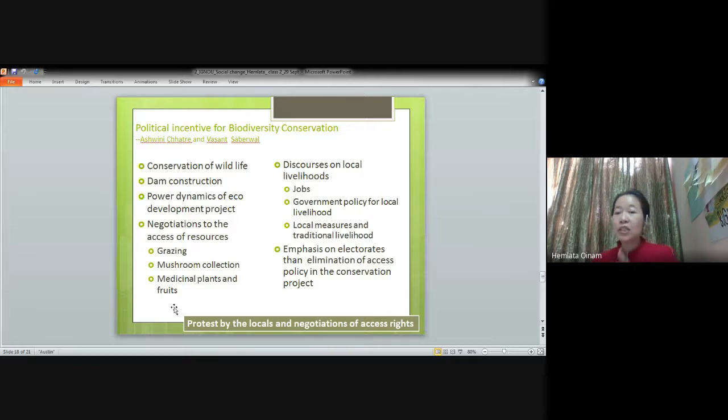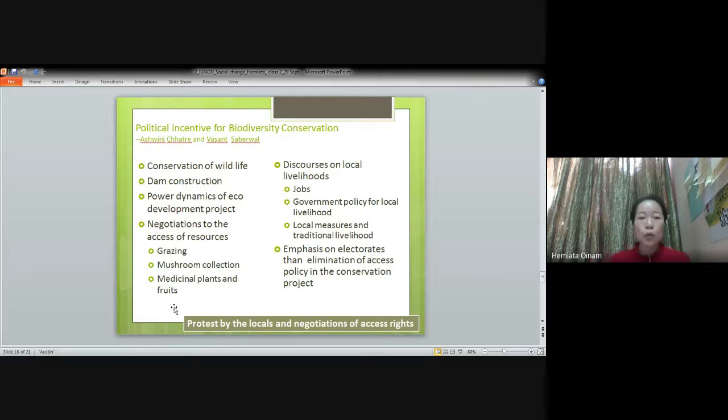And when elections are at the doorstep, politicians like to negotiate by giving permits for access to some resources, like mushroom collection and grazing sites, to the local people. Then they could gain the sympathy or agreement of the local community for their electoral gains.